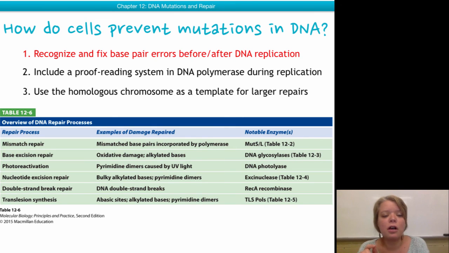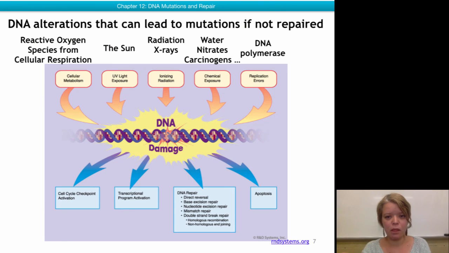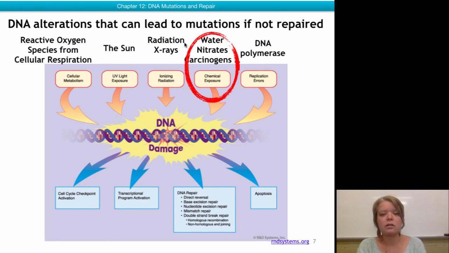Right now we're going to talk about how DNA repair recognizes and fixes base pair errors before and after DNA replication. A lot of these base pair errors can be caused by chemical exposure. In this case, we're going to discuss the evils of water, and what water, which is a charged dipole and has plenty of chemical potential, can do to our DNA.